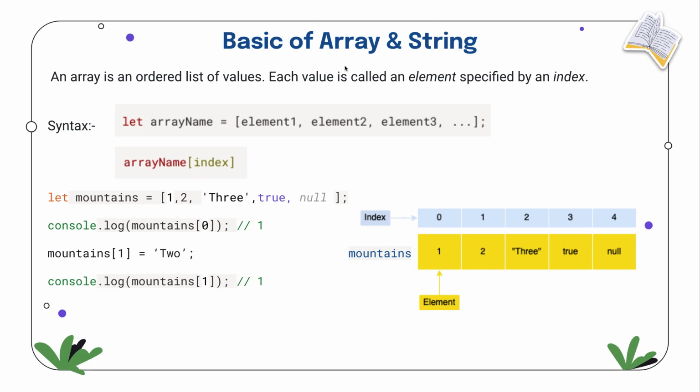So array, what is an array? Basically, if you want to store one value, you need one variable. But if you want to store multiple values, you have to create multiple variables, right? Instead of that, you can store these multiple values in one variable, and you can name that variable and access them easily in some way.